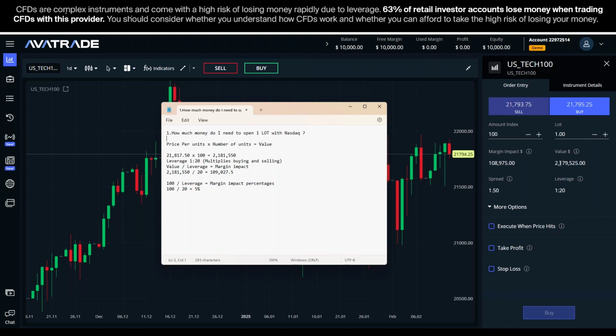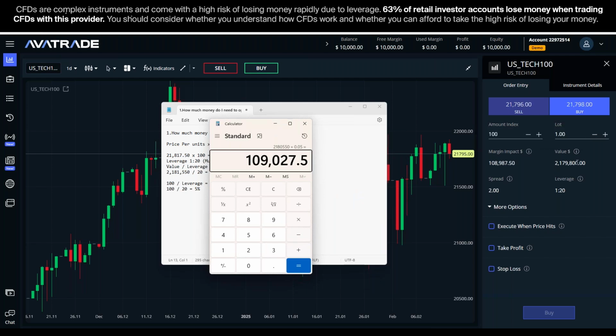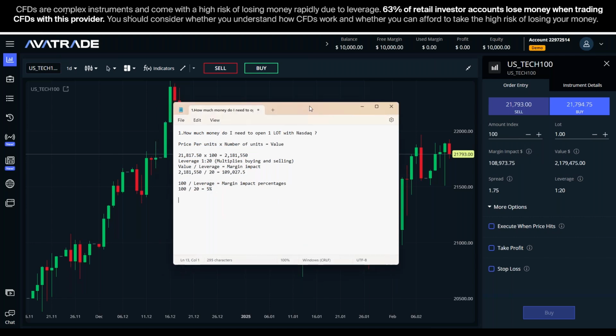The value is the number of units times the price, and the margin impact is the result of dividing the value by the leverage. Or the other way around: if I take 5% out of that, that is this, or I can just divide it by 20. You don't really need to remember that, but this is a webinar and I'm showing it to you. All right, let's carry on.